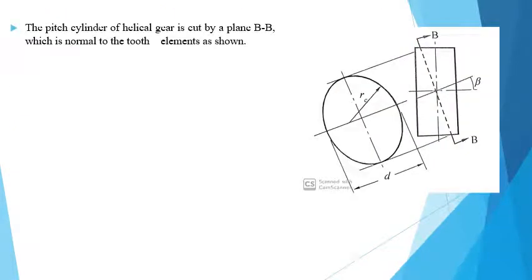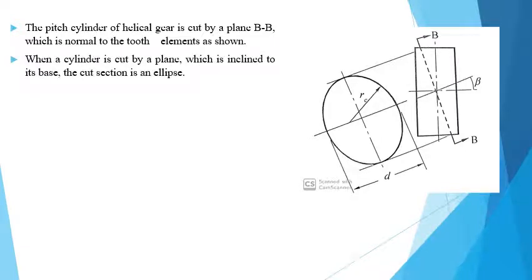As we can see from the figure, the pitch cylinder of the helical gear is shown, which is cut by a plane or a section BB, which is normal to the tooth or the helix. When a cylinder is cut by a plane which is inclined to its base, the cut section will be an ellipse.